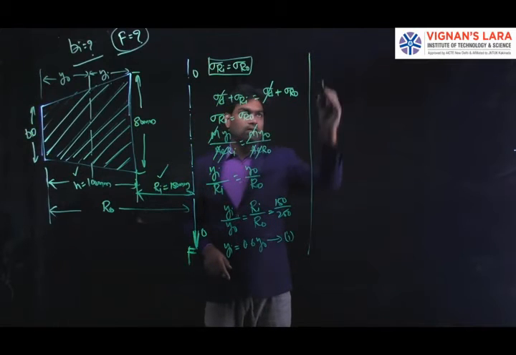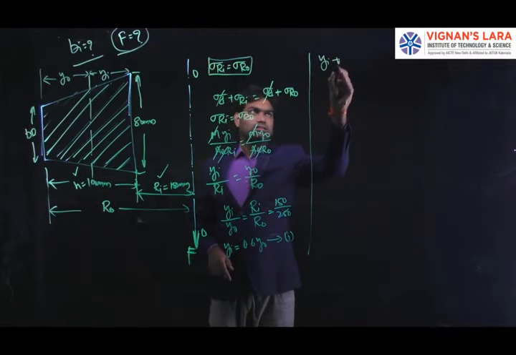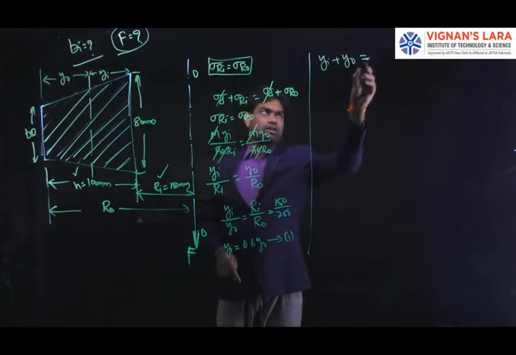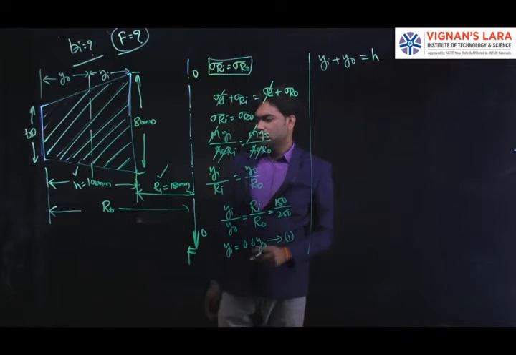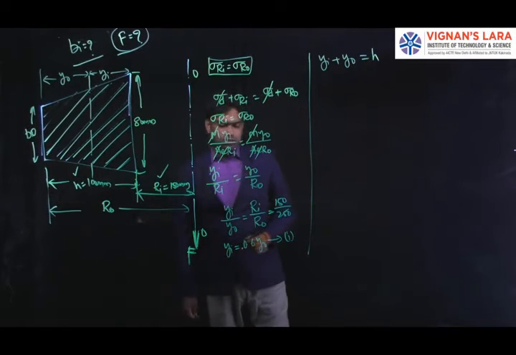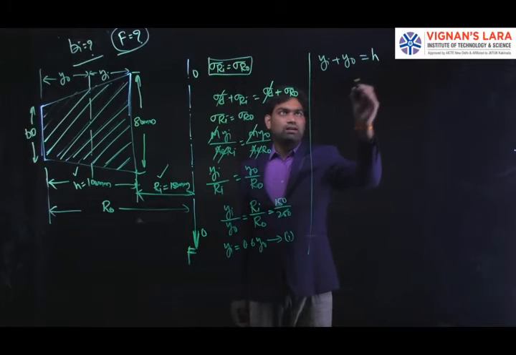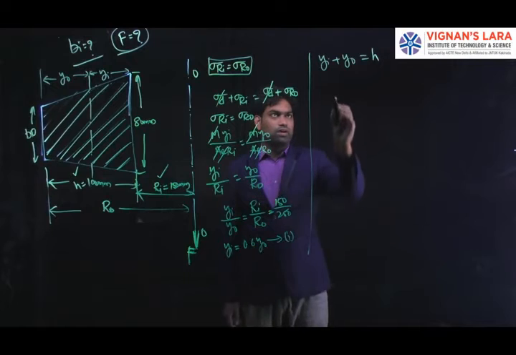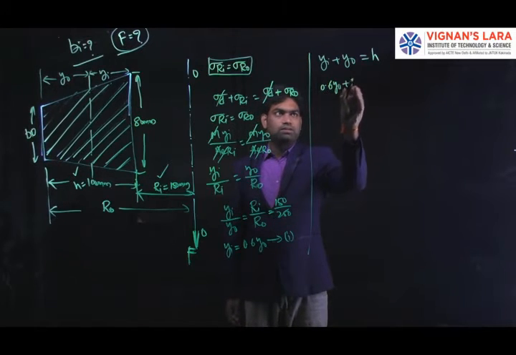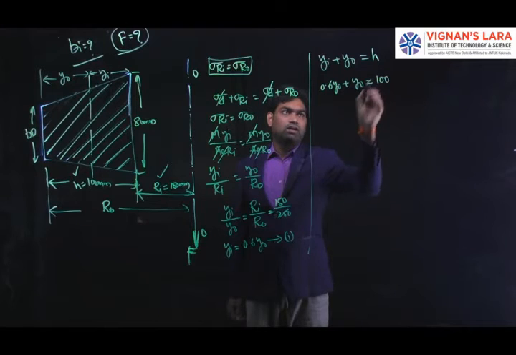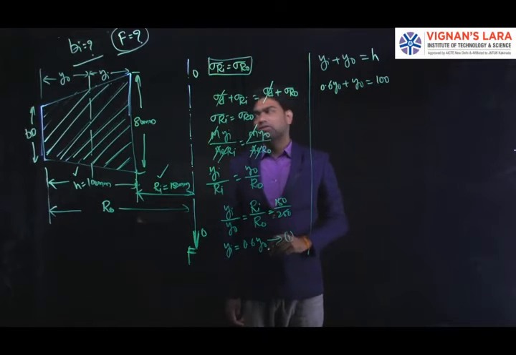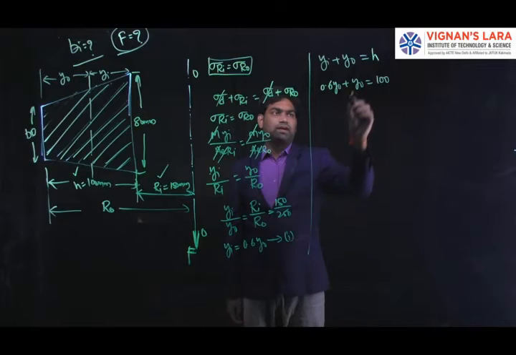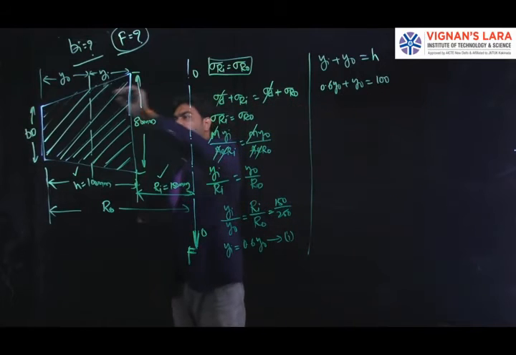So yi plus y naught is equal to the total depth h, that is 100 mm. So 0.6 y naught plus y naught equal to 100. Using that, you can find out the values of yi and y naught.